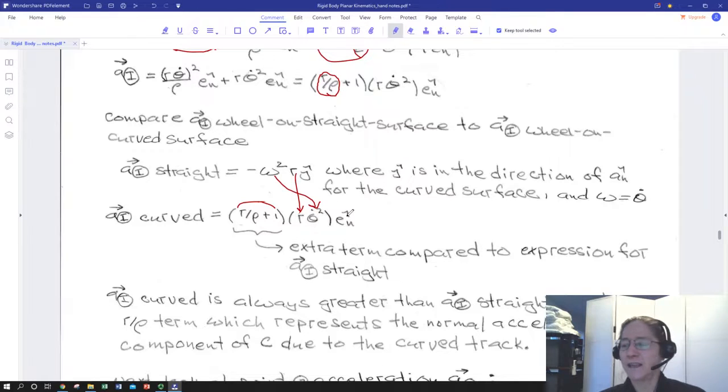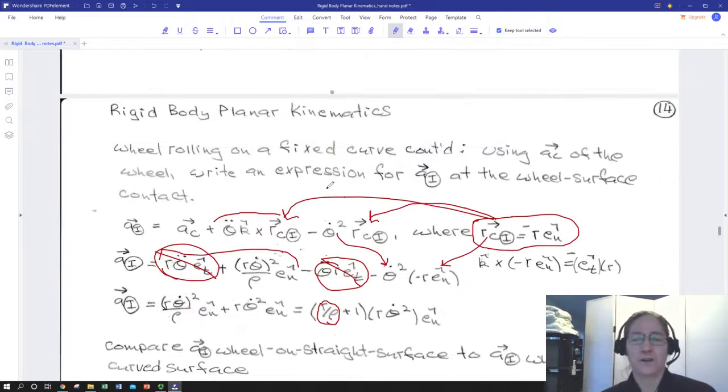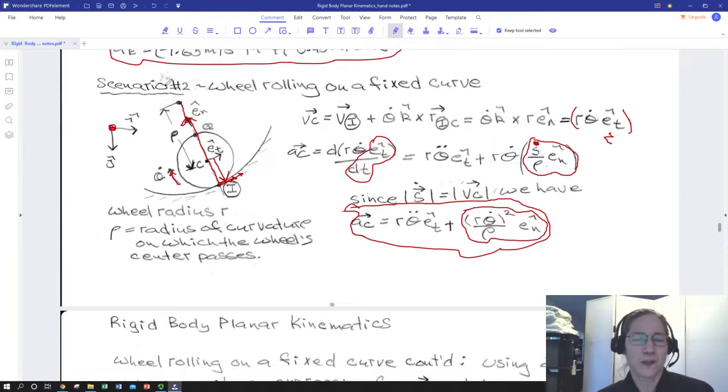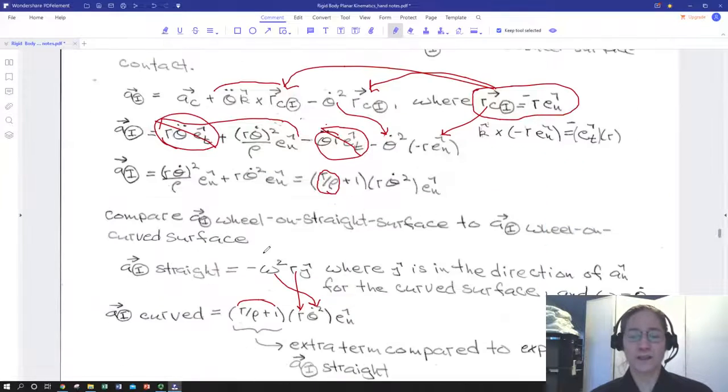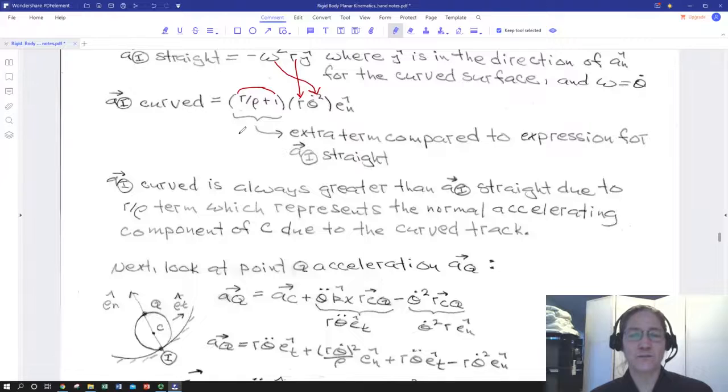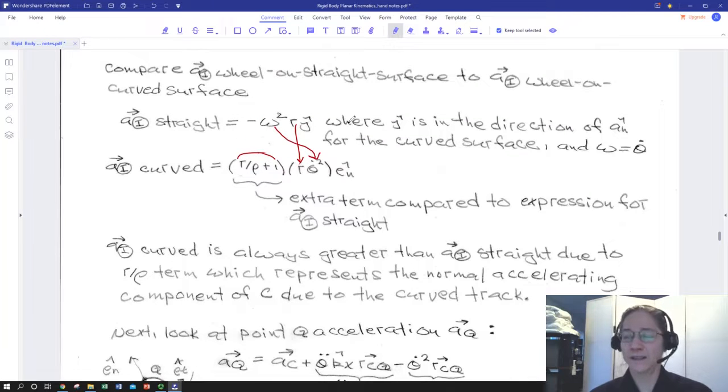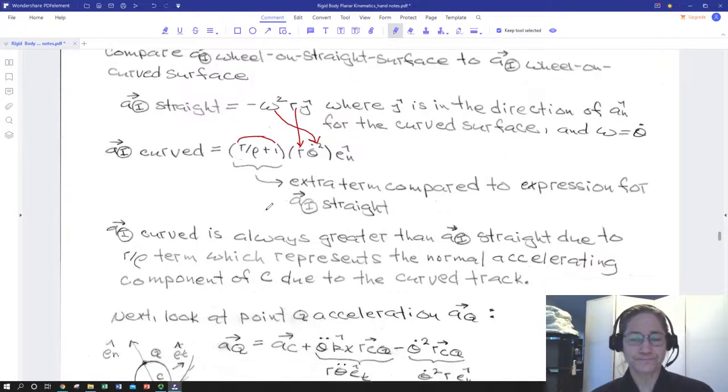Because J and E sub n are going in different directions. They're pointed effectively in the same direction, but we've defined E sub n up here going up. We've defined J going down. So they are equivalent, but there's the negative sign from having been derived in a different reference system.